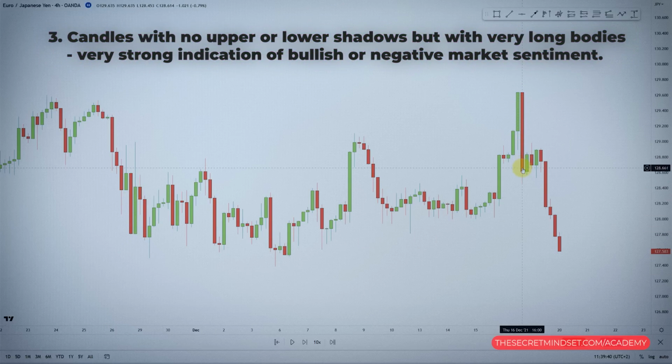These are the same as standard candlesticks, but are an even stronger indication of bullish or bearish market sentiment. In the case of a bullish candle, prices never decline below the open. In the case of a bearish candle, price never traded above the open.